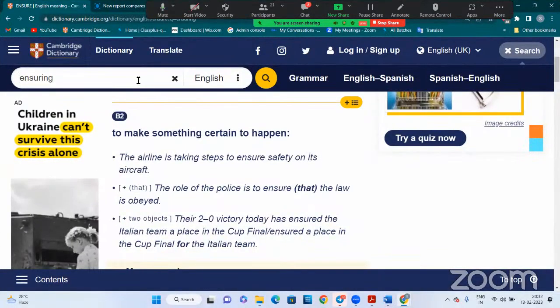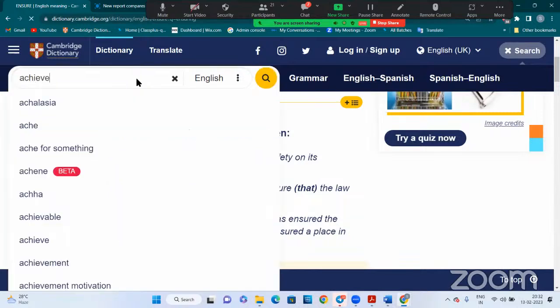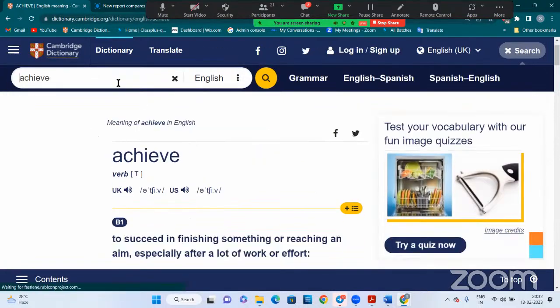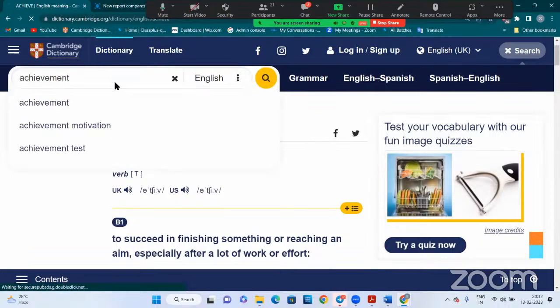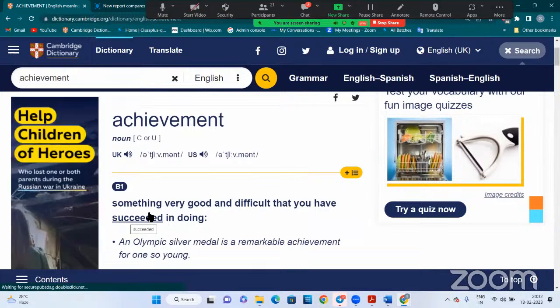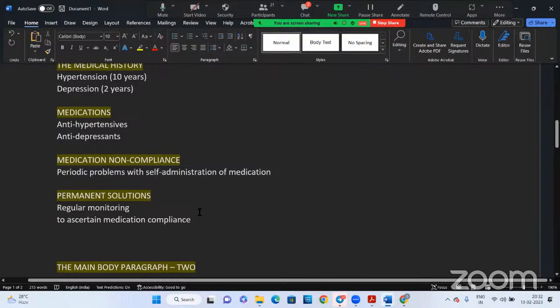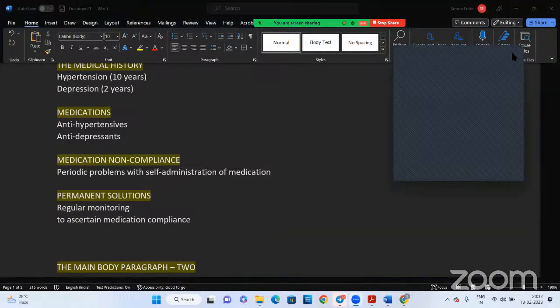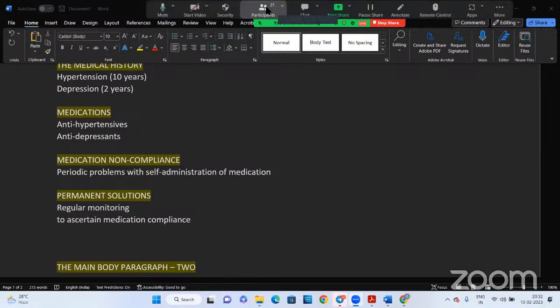Achievement means you succeed; the end result is achievement. So how are you going to make sentences of these things? This is called finding relevant information.